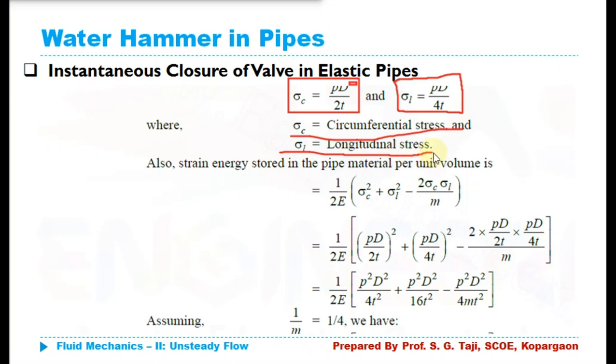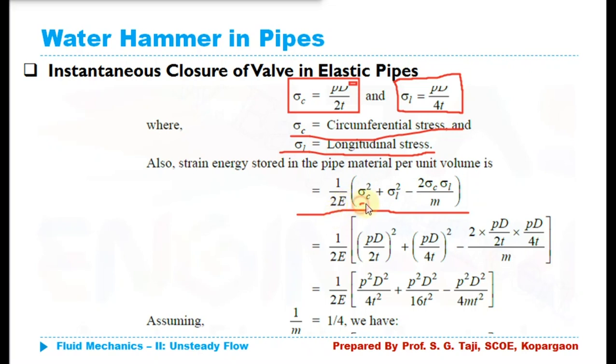Now, strain energy stored in pipe material per unit volume is given by the equation. Again, 1 upon 2E multiplied by sigma C square plus sigma L square minus 2 sigma C sigma L divided by m, where 1 upon m is the Poisson's ratio. The sigma C and sigma L are the circumferential and longitudinal stresses respectively, and this E is the modulus of elasticity of that particular pipe material.